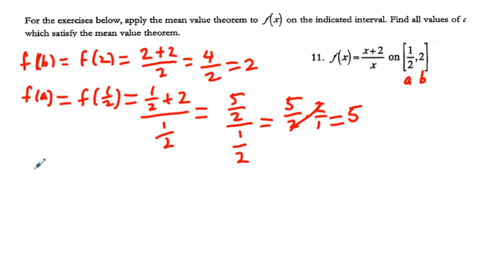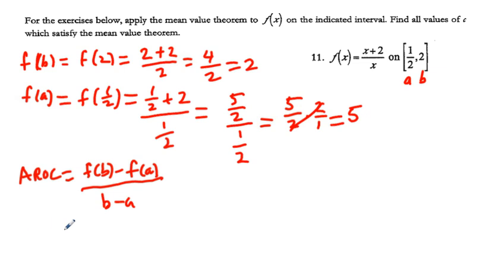So our average rate of change, AROC, equals f of b minus f of a over b minus a. In this case, f of b is 2 and f of a is 5, so 2 minus 5 over b minus a, so we have 2 minus 1/2.